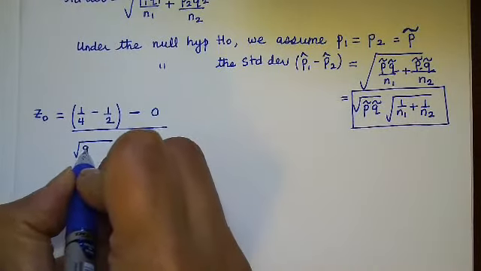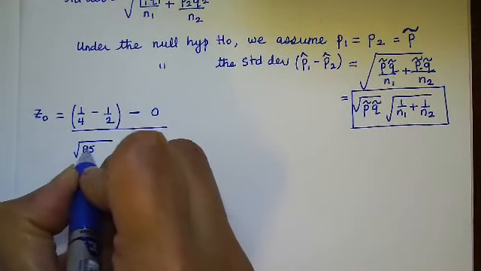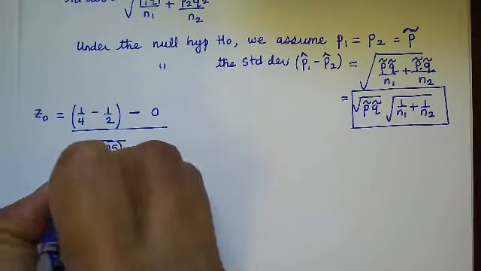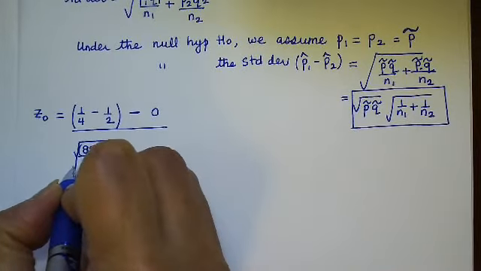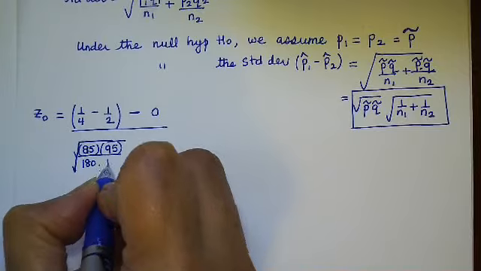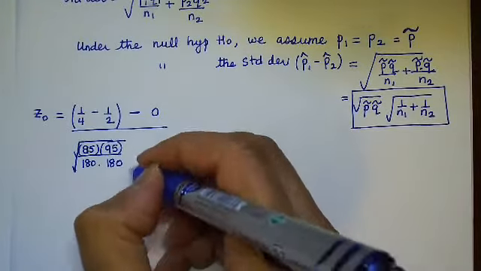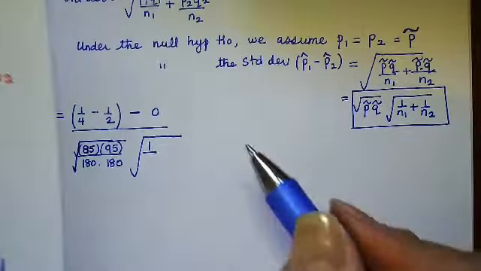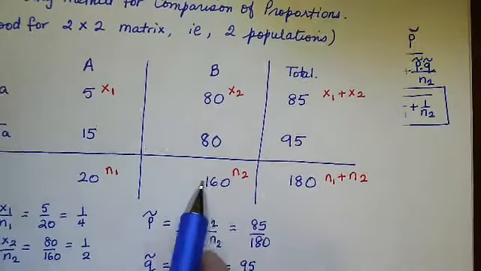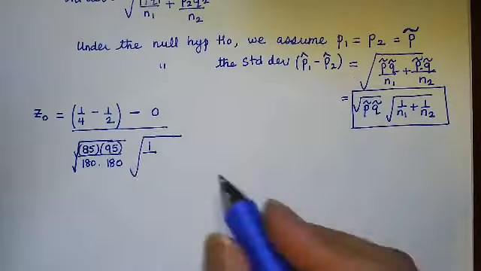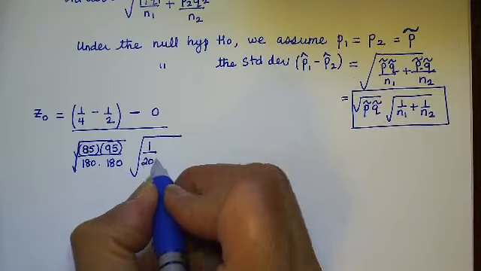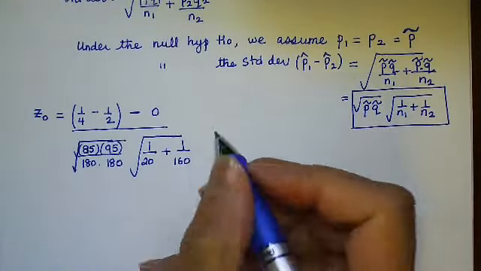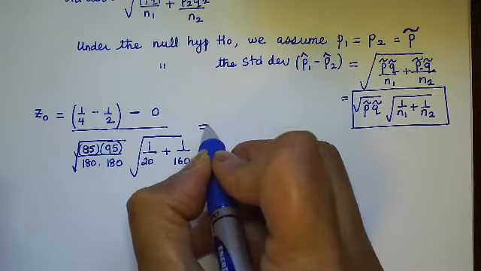So P tilde was 85 over 180 and Q tilde 95 over 180. So 85 times 95 over 180 and 180, times radical 1 over N1 plus 1 over N2. N1 is 20 and N2 is 160.